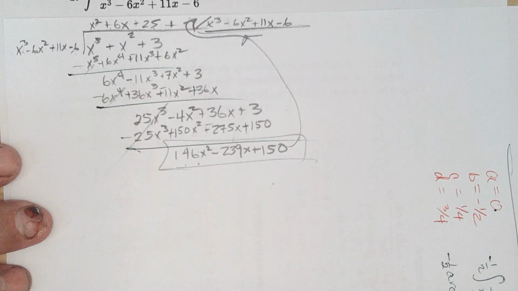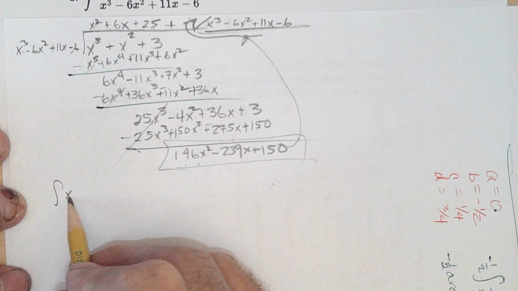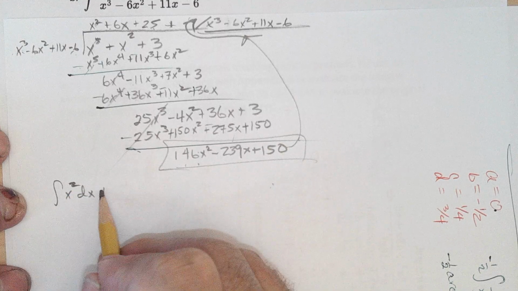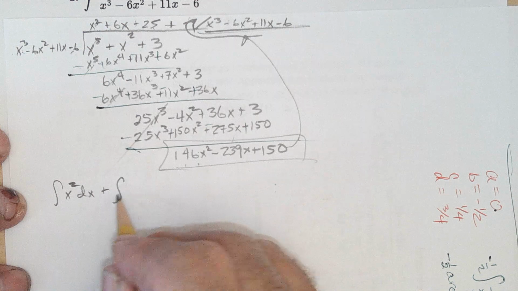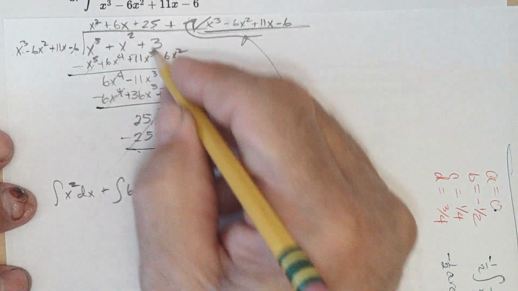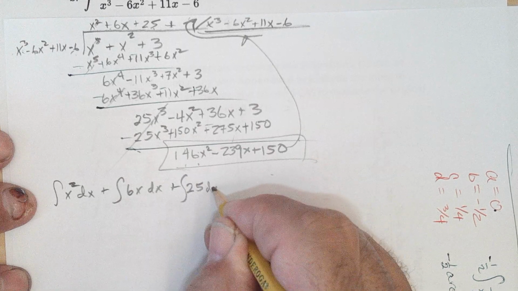Okay, so we're going to integrate x squared. We're going to integrate 6x dx. We're going to integrate 25 dx.